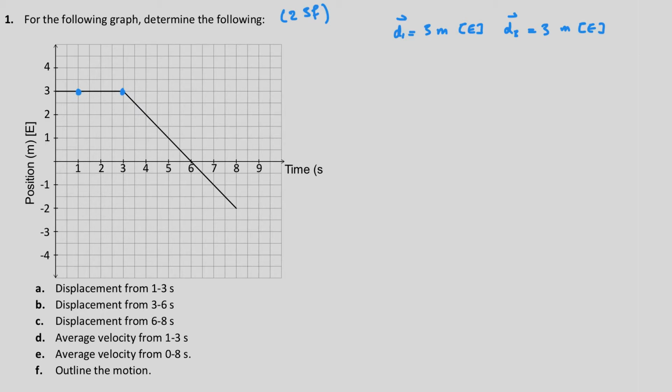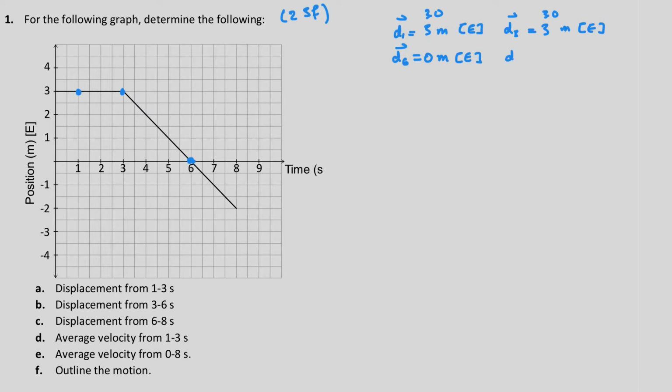I think for the next question, we also need position at 6, which is right here. That's 0 meters. And imagine all of these are two significant figures. So actually, this is 3.0, this is 3.0, this is just the 0 is fine.